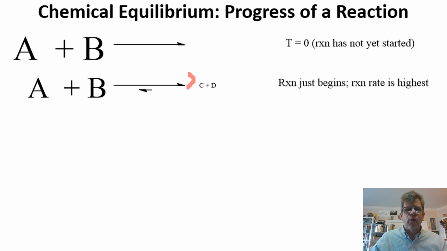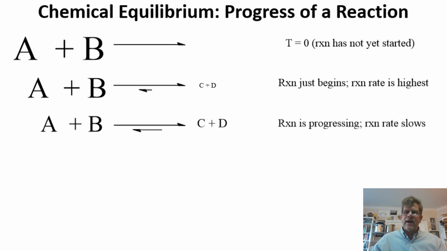But as we move forward in this reaction cycle, the reverse reaction rate becomes more and more. So as the reaction is progressing, we get the rate of forward reaction slowing down and the rate of reverse reaction increasing.